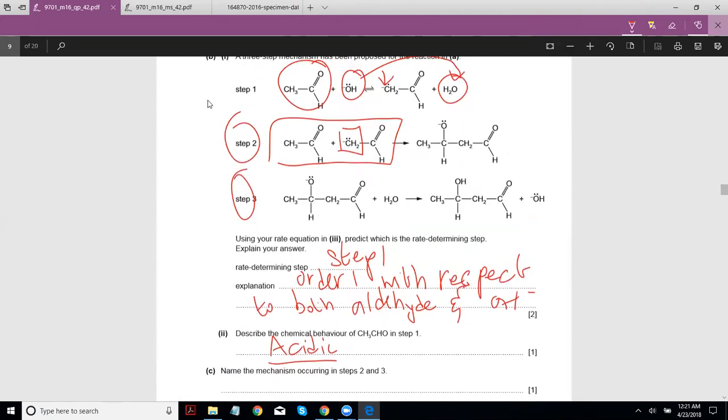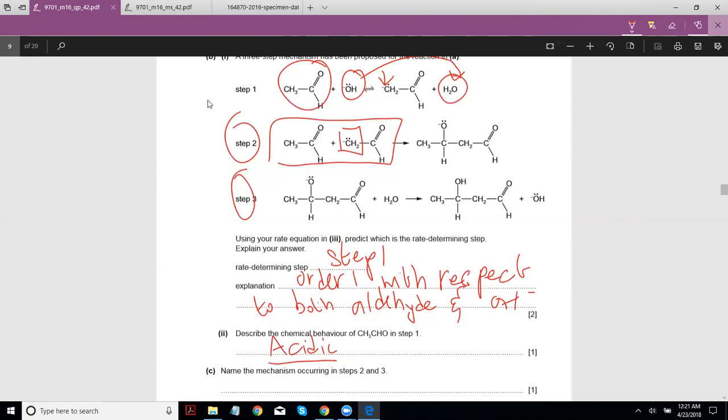What is the mechanism here? It's attacking. It's addition. Step 2 is addition, because that's forming, and step 3 is also, I think, nucleophilic addition.